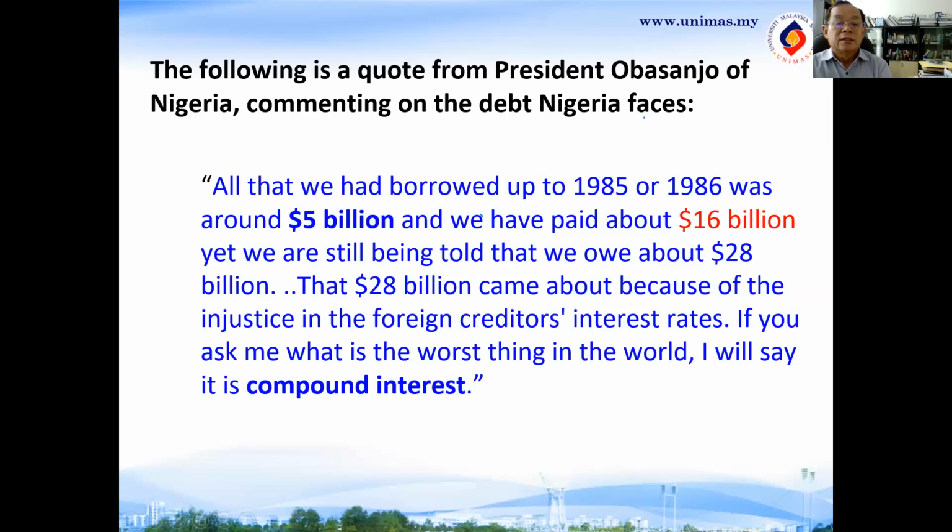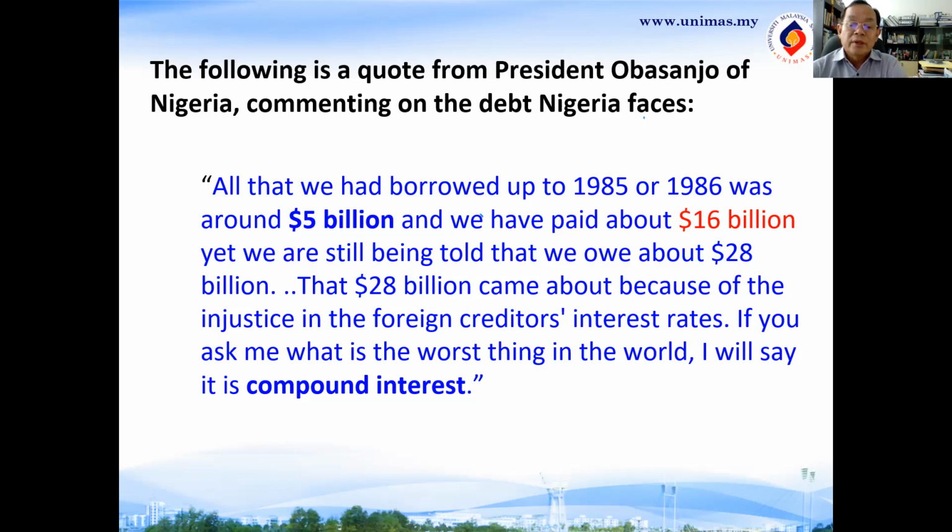The following is a quote from the former president of Nigeria, President Obasanjo, who commented on the debt faced by Nigeria. And this is what he said. All we had borrowed up to 1995 or up to 1996 was around 5 billion.